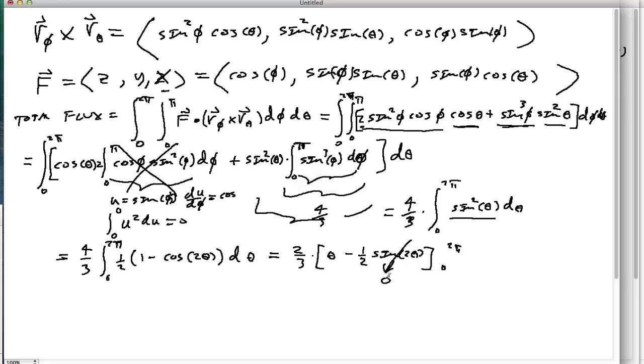This part goes away, and we're just left with 2 times 2 pi over 3, or rather 4 pi over 3. So that's the result.